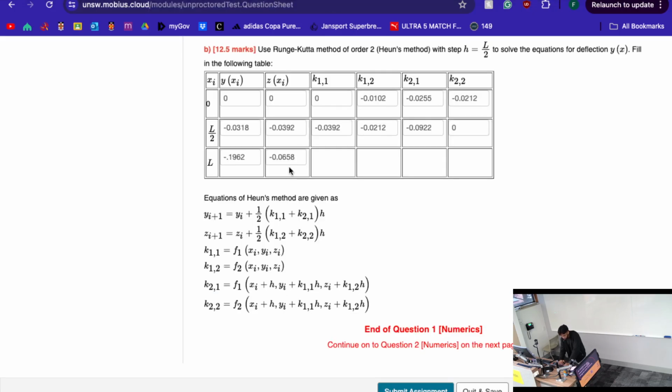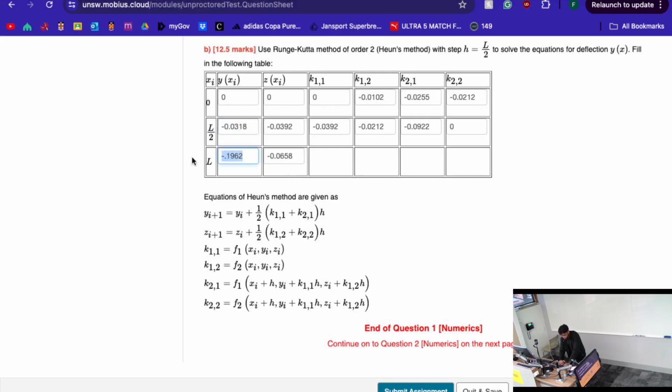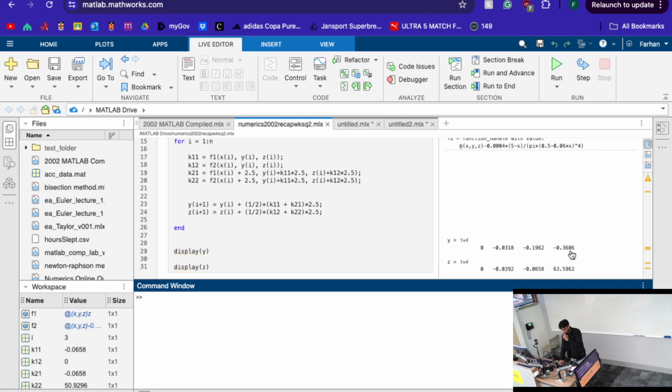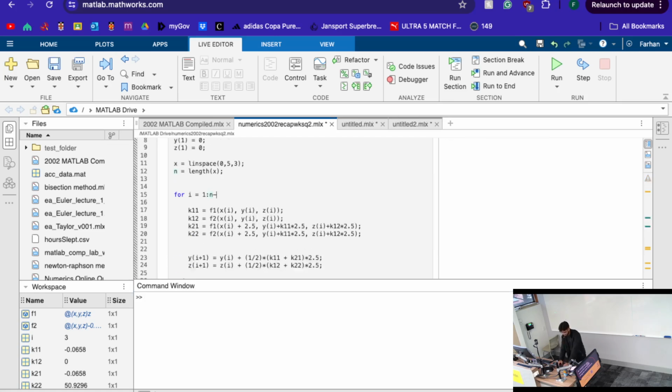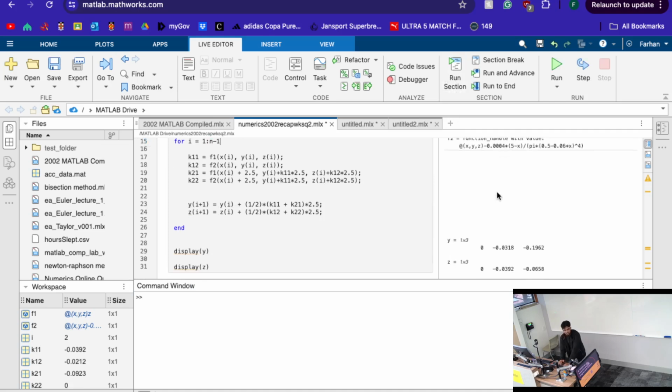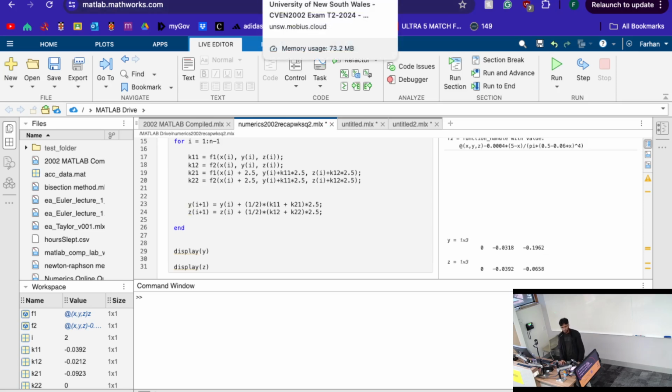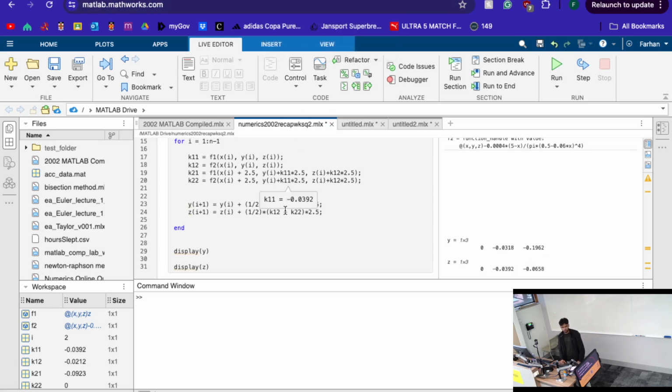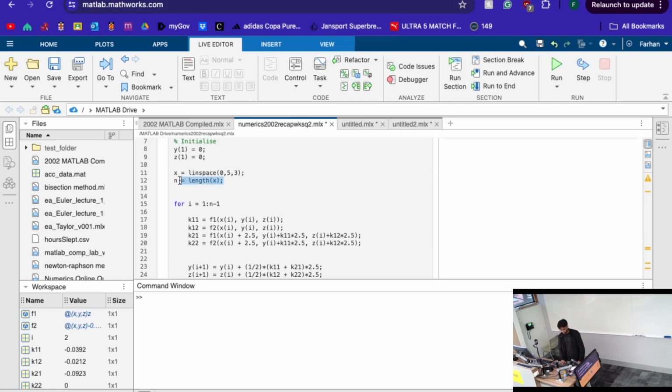For some reason he gives us an extra one, but I've tried to do this. So where's n? N is over here. It's the length of our x array, which happens to be 3, and we're iterating it twice to find our values.